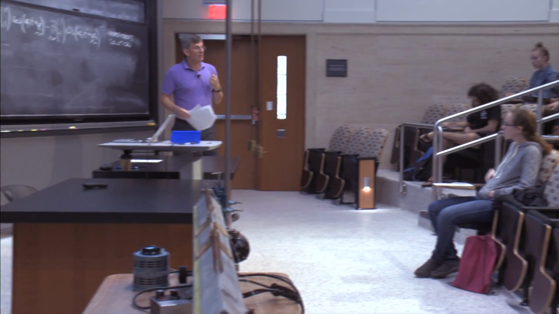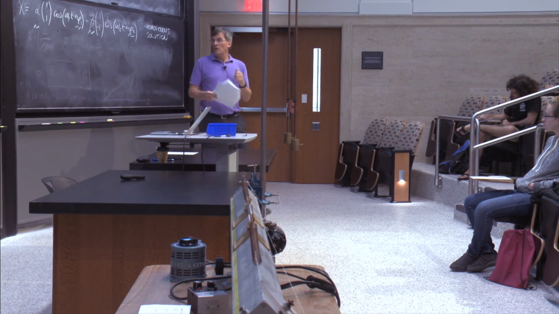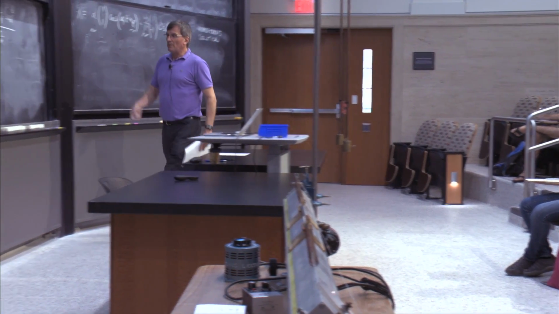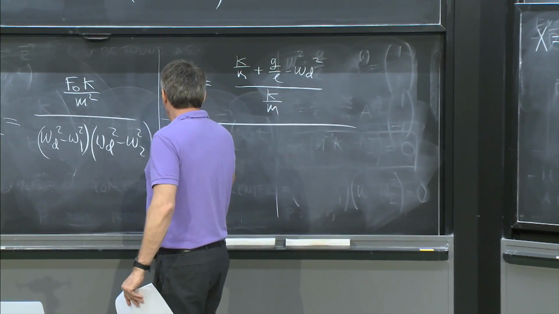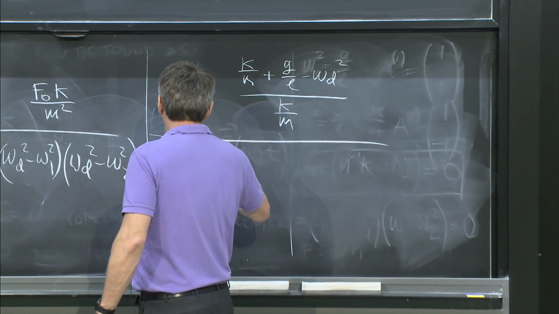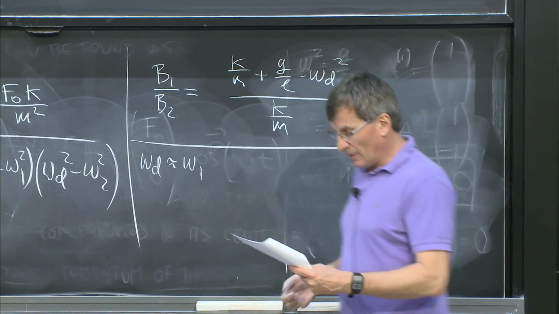Now we have two choices. We have omega 1, omega 2. So let's see what happens if I plug in omega 1. Omega d being very, very close to omega 1. So let's say equal to omega 1.